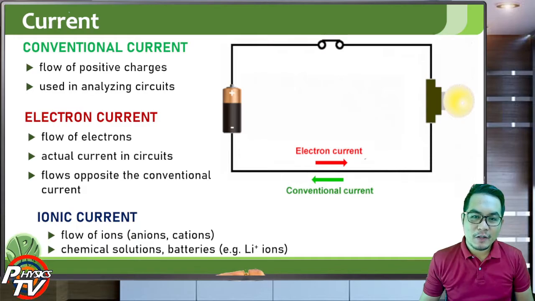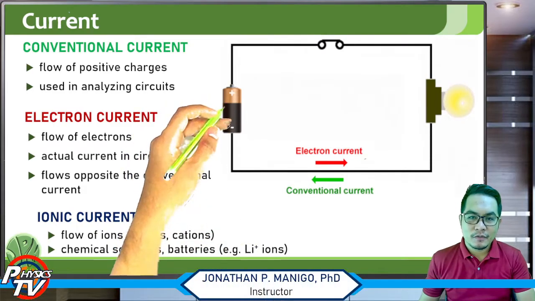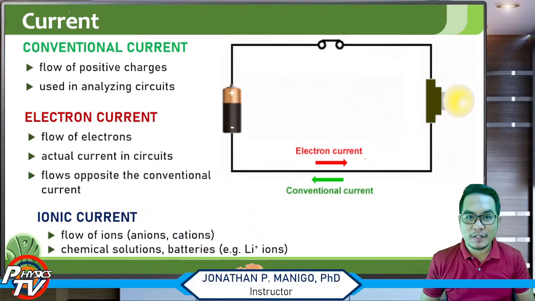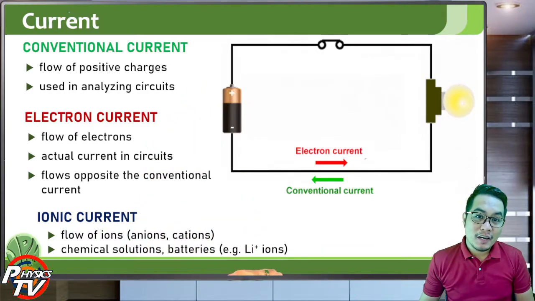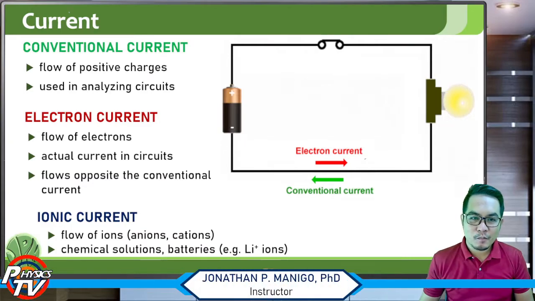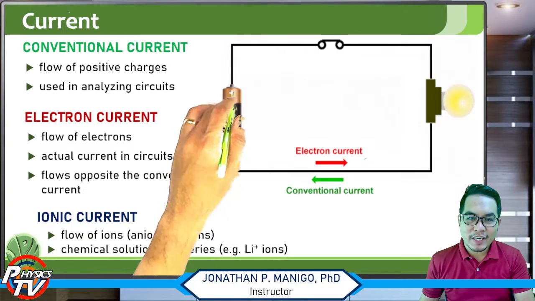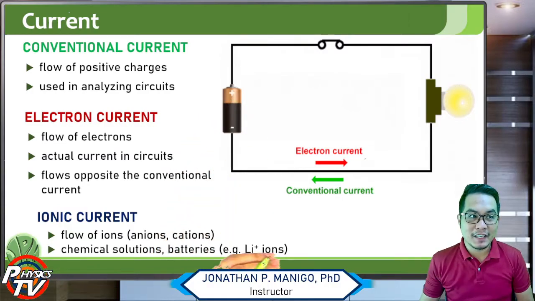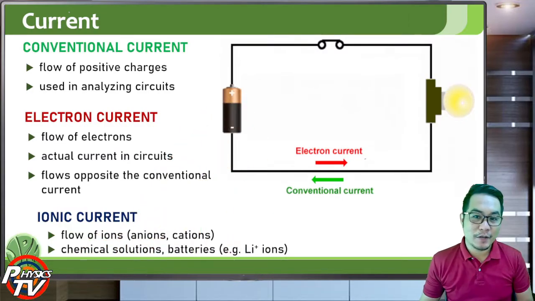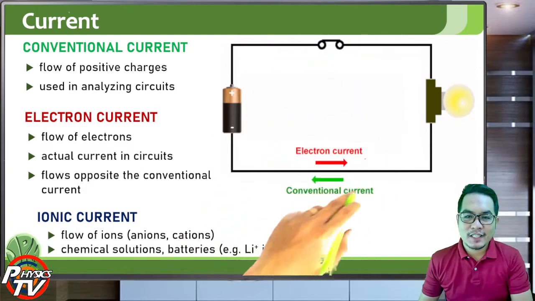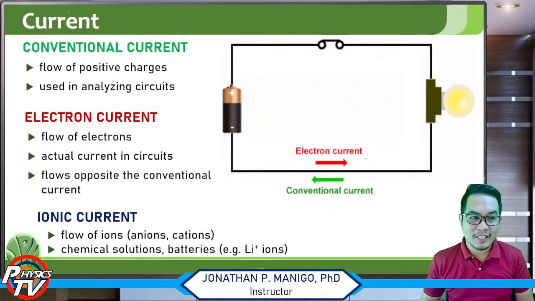So the lithium plus ions actually flow back and forth from the positive to negative terminal in your batteries. So that's how ionic current works. Ionic current is usually inside the battery. The current inside the battery is usually ionic, but in a circuit, it's conventional or electron current.